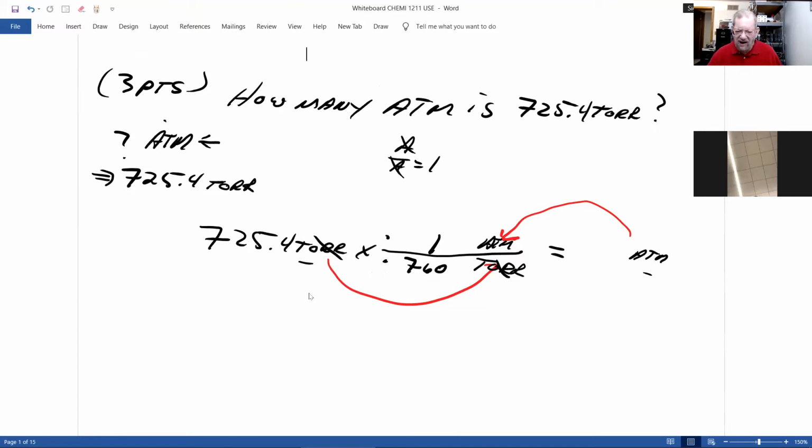And let me remind you, this is a definition. 1 atmosphere equals 760 torr. Therefore, both of these numbers, 1 and 760, are exact numbers. And therefore, the only thing that plays a role in our calculation is this number. How many significant figures? I'll give you 2 seconds.